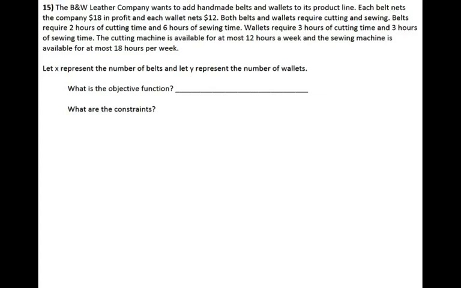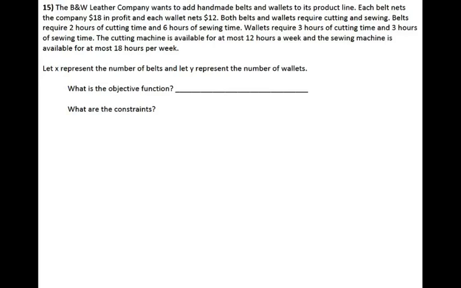Both belts and wallets require cutting and sewing. Belts require 2 hours of cutting time, 6 hours of sewing time. The wallets require 3 hours of cutting time and 3 hours of sewing time. The cutting machine is available for at most 12 hours a week, and the sewing machine is available at most 18 hours per week. So you want to maximize profit.